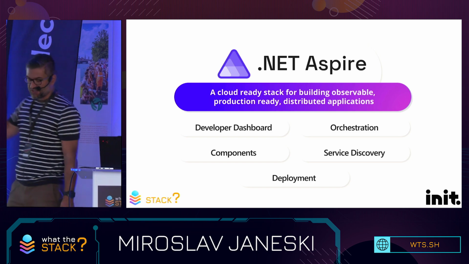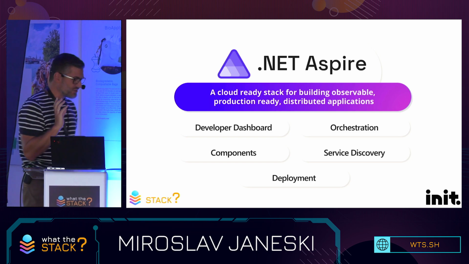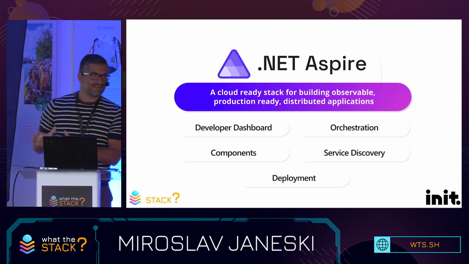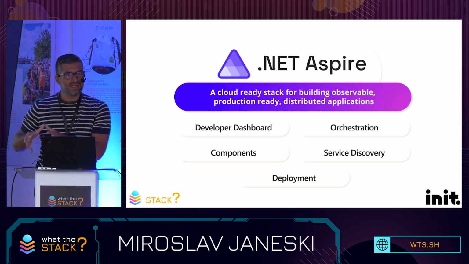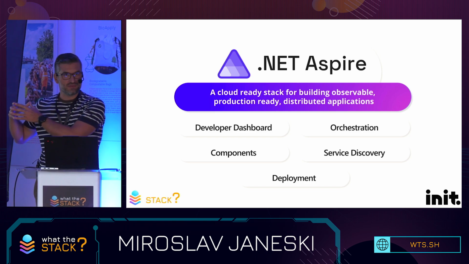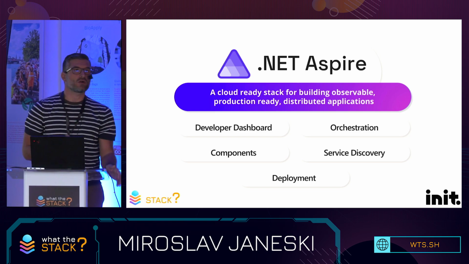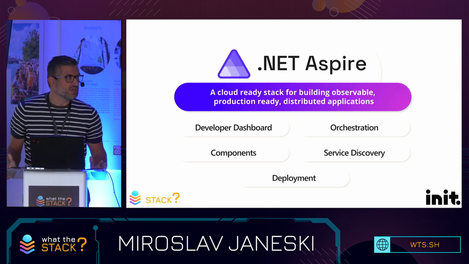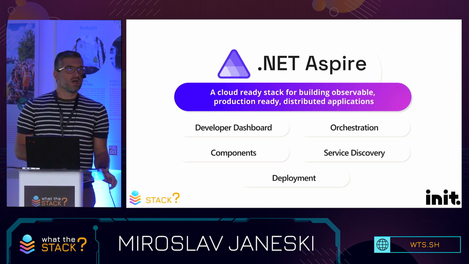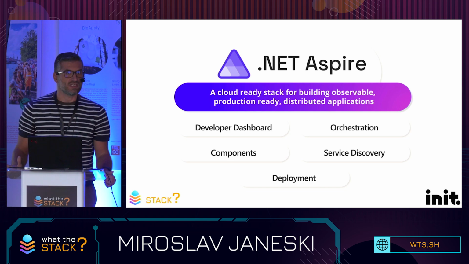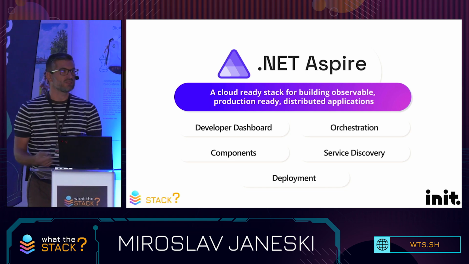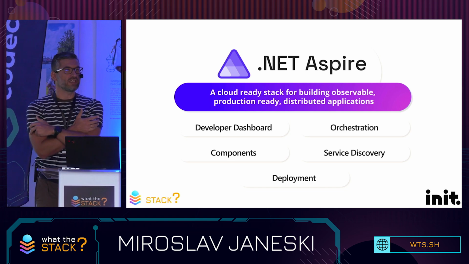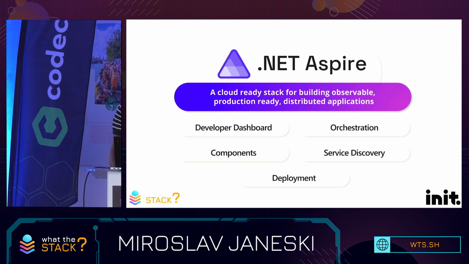Another thing that is not mentioned on this slide is that .NET Aspire is an opinionated stack, meaning the team behind .NET Aspire gives you their own recommendation on which technologies to use and how to configure them, but everything is open for change. So technically you can use it as it is, but you are absolutely free to change all their recommendations.